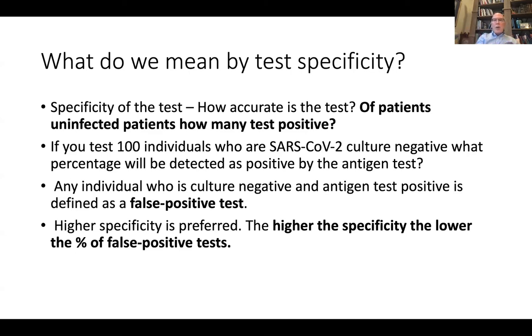An individual who is culture negative and antigen test positive is defined as a false positive test. In other words, it appears the test says they have the virus when in reality they do not. The higher the specificity is clearly preferred, and the higher the specificity, the lower the percentage of false positive tests.